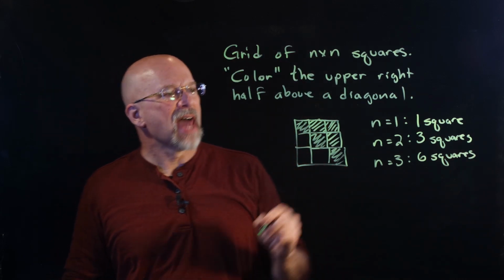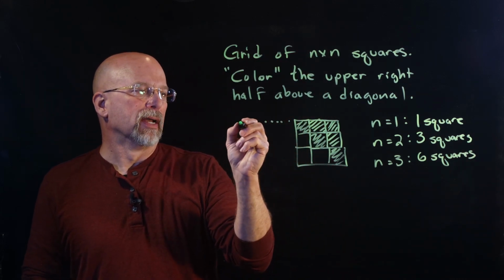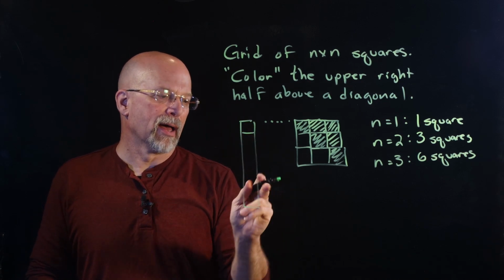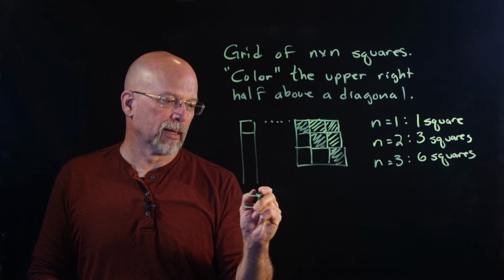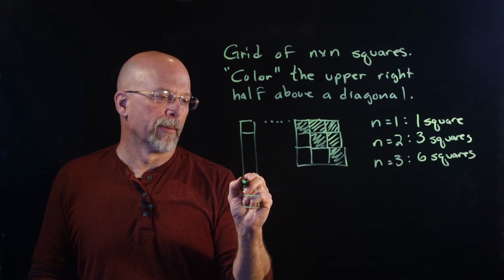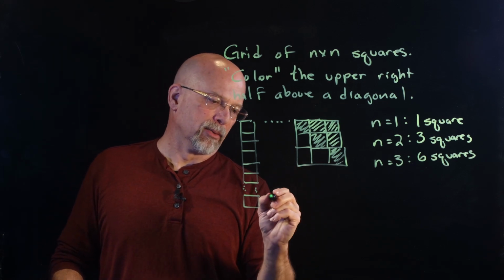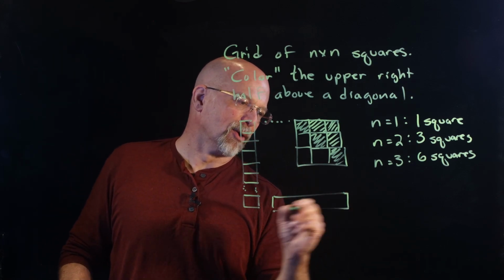All right? And in fact, let's keep going on and on and on. And what ends up happening is you get to some point where you have, and I probably should make that a little less. There we go. All right, and we'll kind of make this diagonal go here.